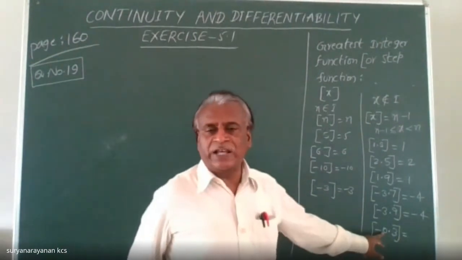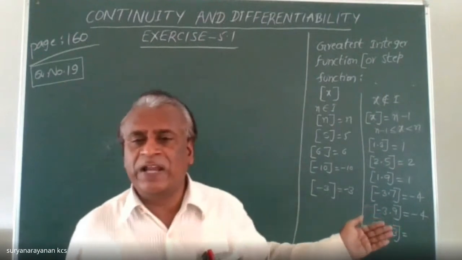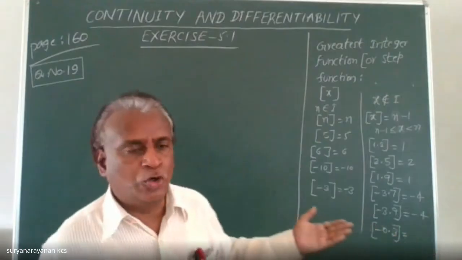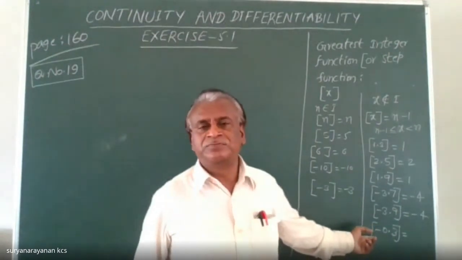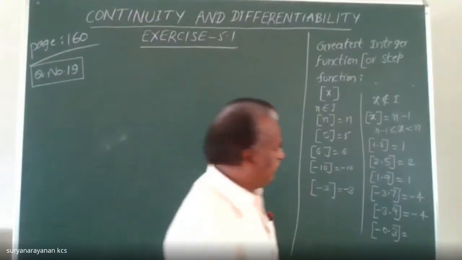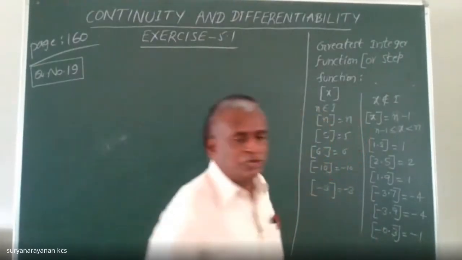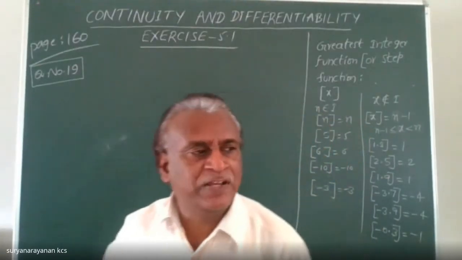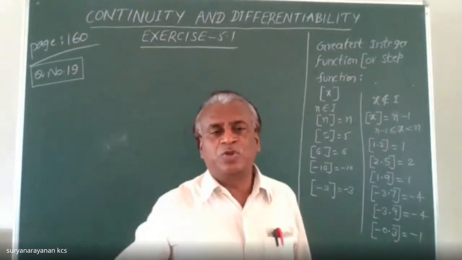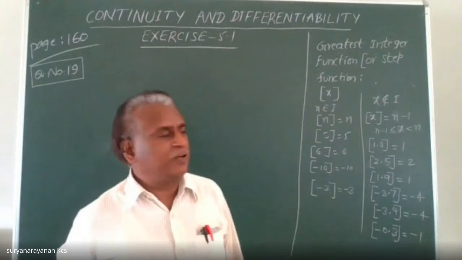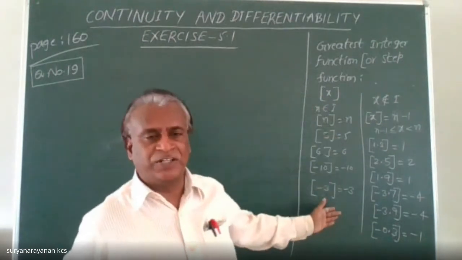Actually, this is not an integer. This number lies between minus 1 and 0, sir. Very good. So what is the value of this function? Minus 1, sir. Minus 1 only. That is why I told you in the previous class, just once go through the definition of the greatest integer function.